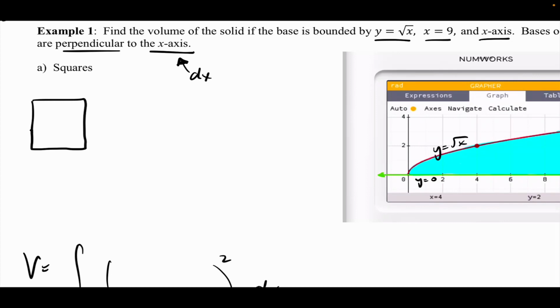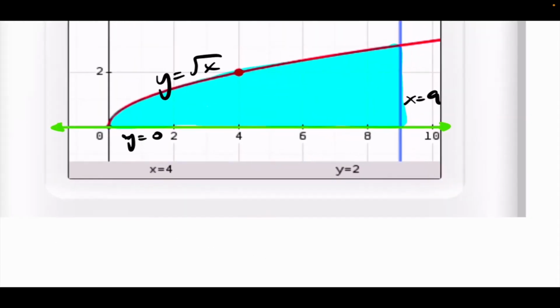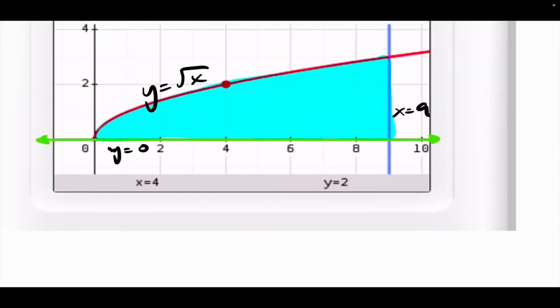So I have each of these guys here. But again, the squares are not all going to be the same height or the same length or the same width, because the distance from here to here is different than the distance from here to here, right? So these squares over here are going to be small. The squares over here are going to be larger.